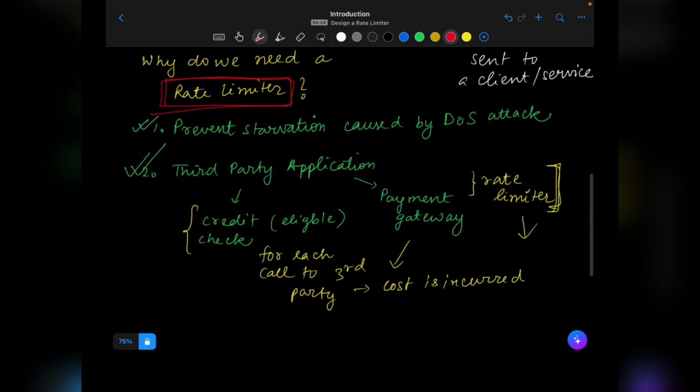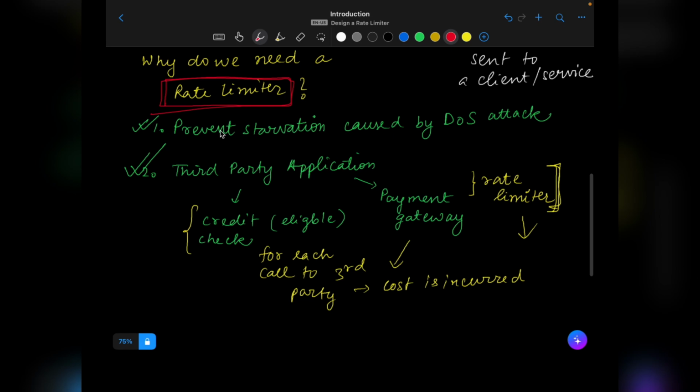Before diving into the logic by which we can implement a rate limiter, we will now see how to approach it. A rate limiter is a vast thing, so it can be implemented in multiple ways. Let's look into how we can approach the problem of designing a rate limiter whenever we encounter this type of question in a system design interview round.